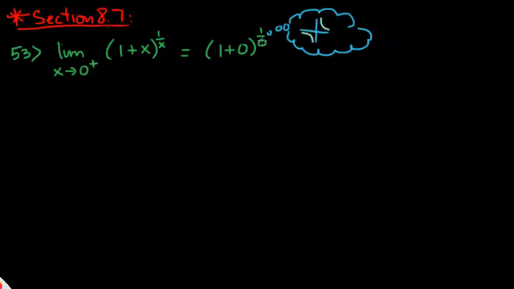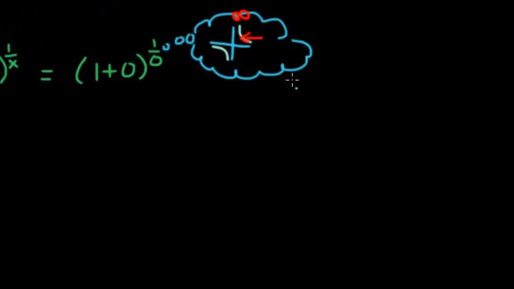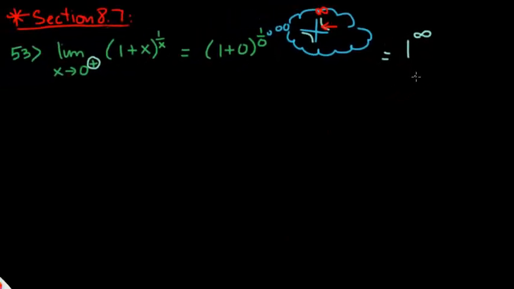When it's 1 over 0 and it approaches from the positive side, from the right, it goes to positive infinity, and that form will be equal to 1 raised to positive infinity. That is one of the forms where we can apply L'Hopital's rule. So I will go ahead and apply L'Hopital's rule for this.